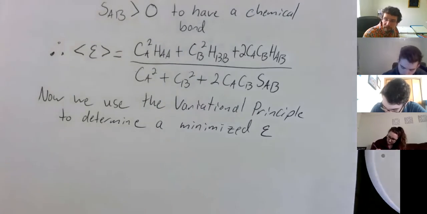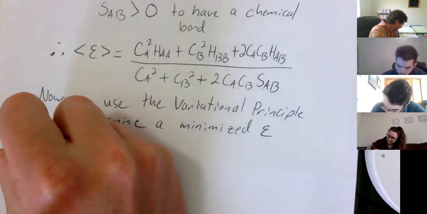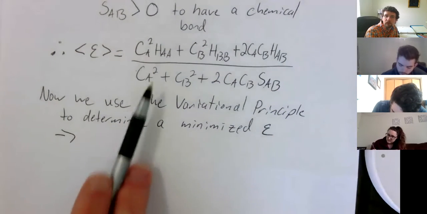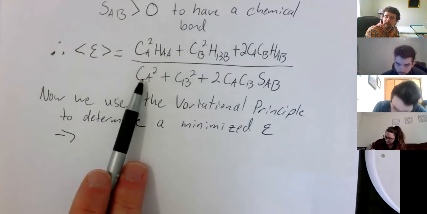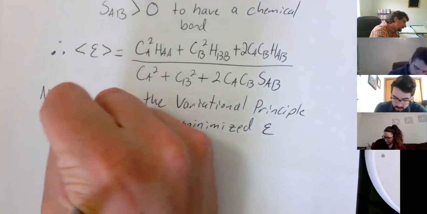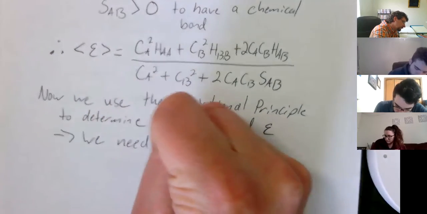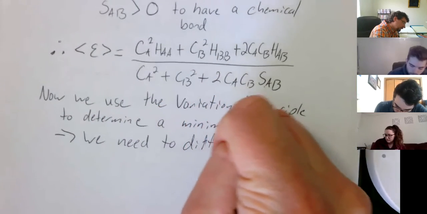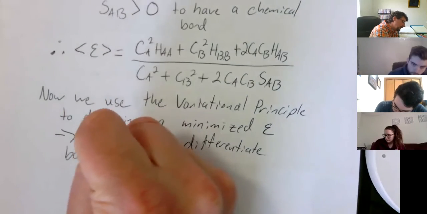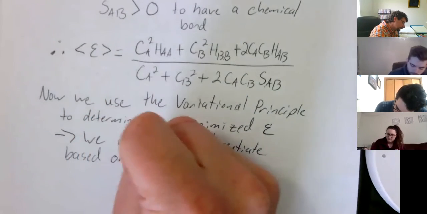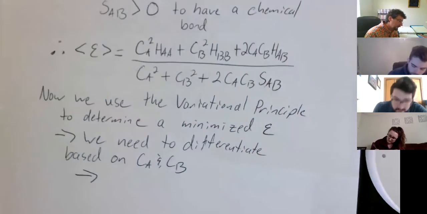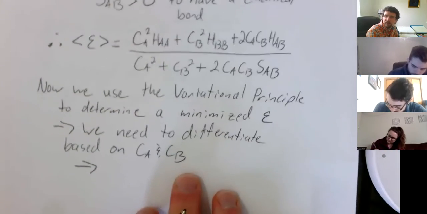Okay, so how was this done in practice? First, we need to differentiate with respect to each of these coefficients. So we're going to differentiate with respect to A and respect to B, based off of those coefficients. We're going to set that differential.